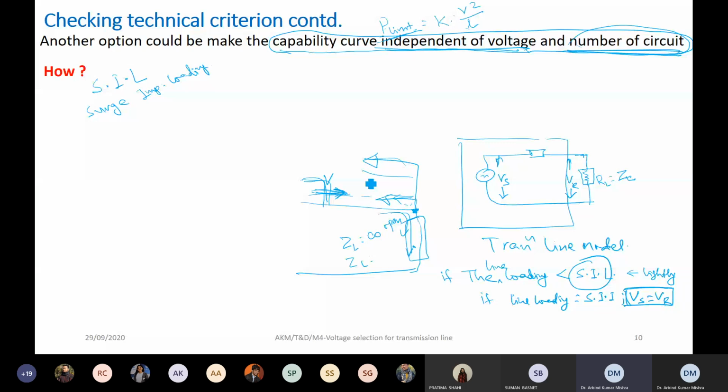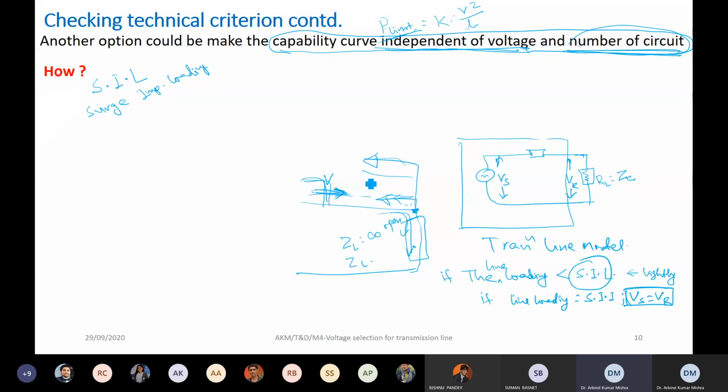So what I wanted to say is that this idea also shows that when the load impedance is infinity, all the wave travels back, that is full reflection. When the load impedance ZL is 0, there is no reflection at all.